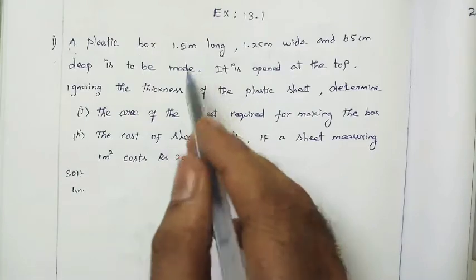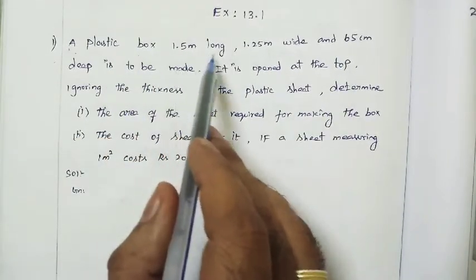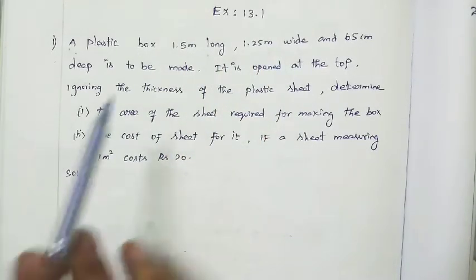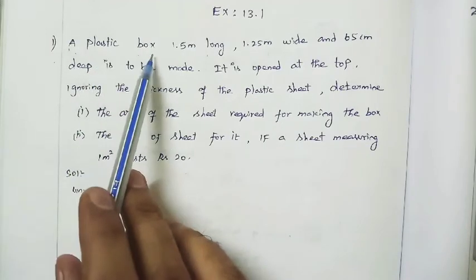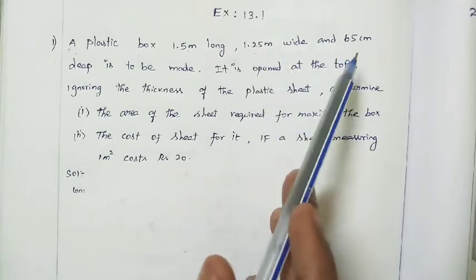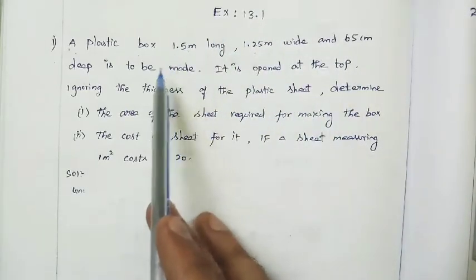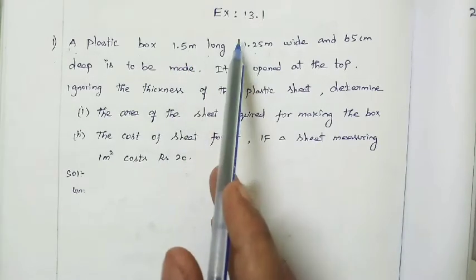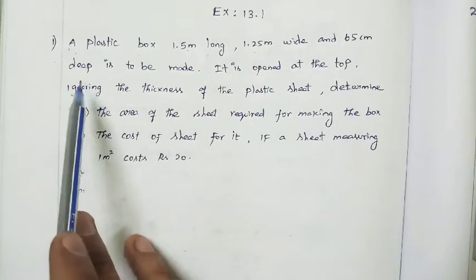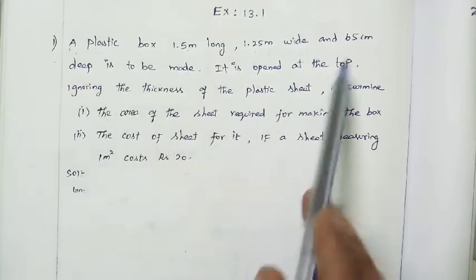I didn't read the entire question, but from the dimensions in the first line itself, we come to the conclusion that the shape of the plastic box is cuboid, because we have three different measurements: 1.5 meter long is length, 1.25 meter wide is breadth, and 65 centimeter deep is height. We want to make a plastic box with these measurements.